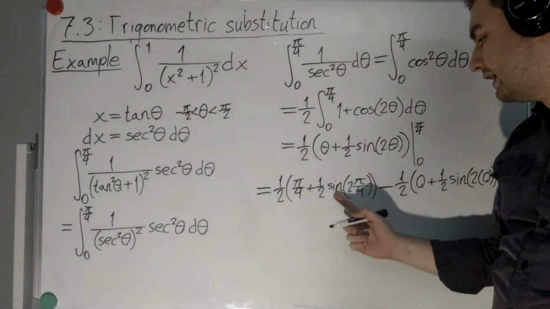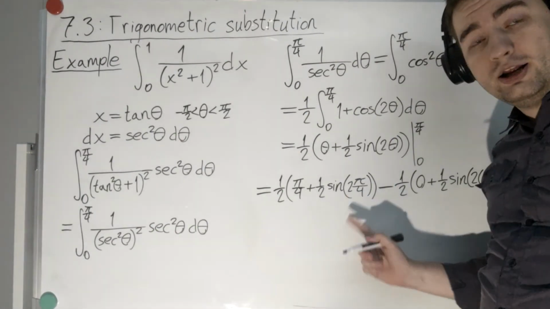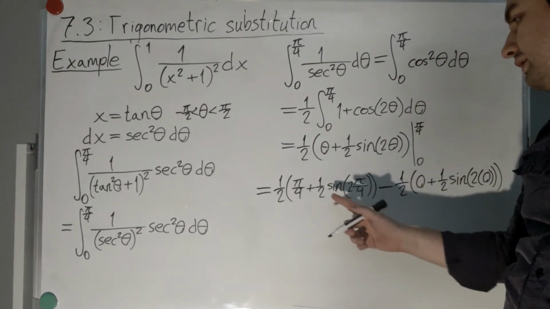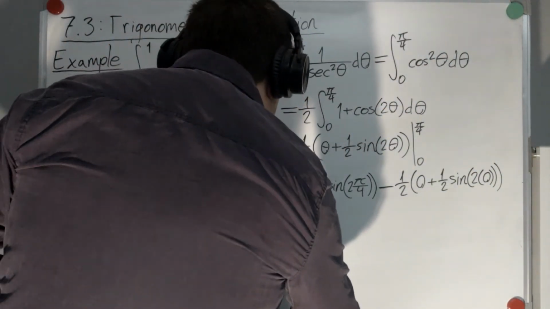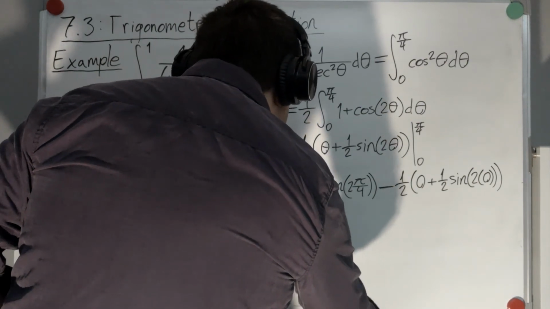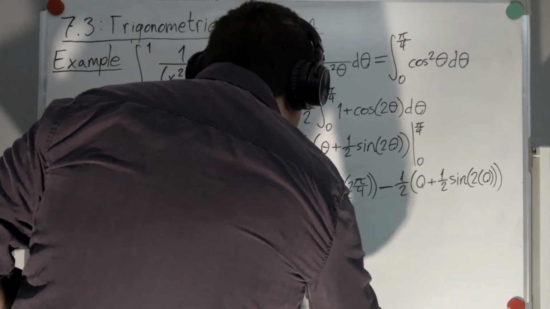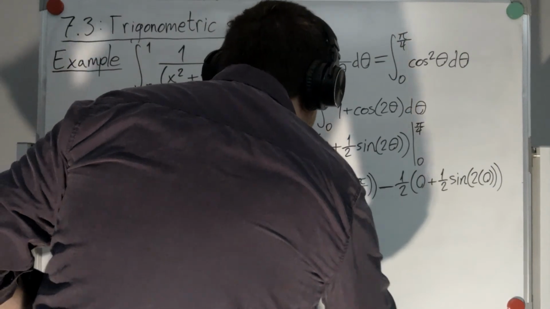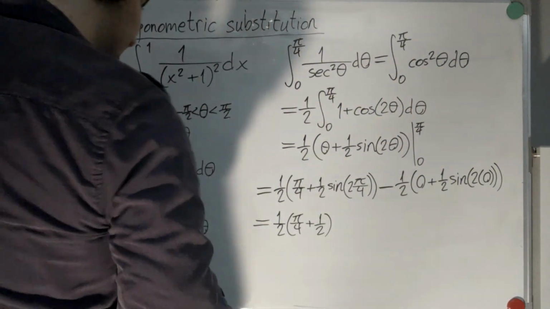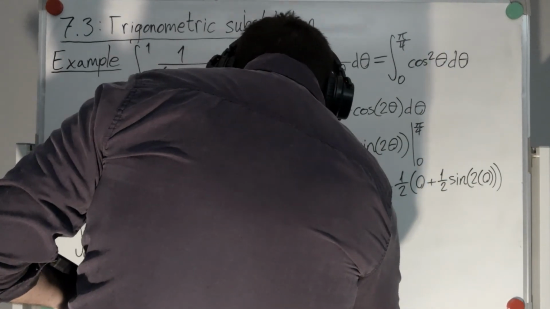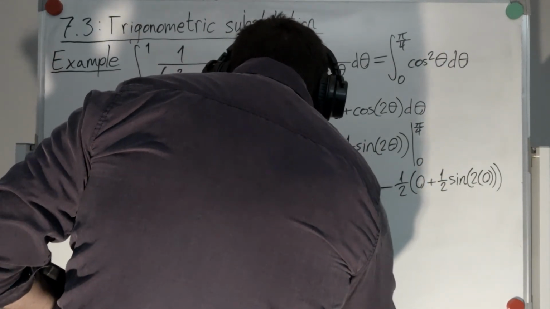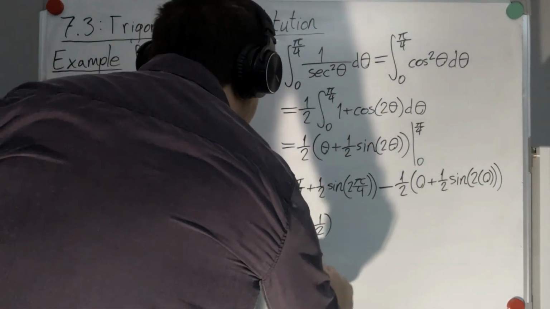What's important is that the sine of pi over 2 is 1. So this is 1/2 times pi over 4 plus 1/2, which I guess turns into pi plus 2 over 8. Anyway, that's our definite integral.